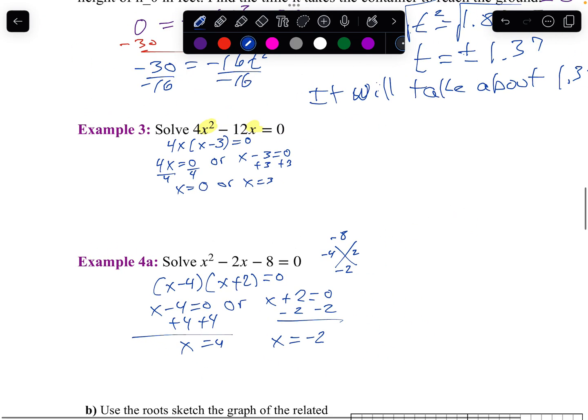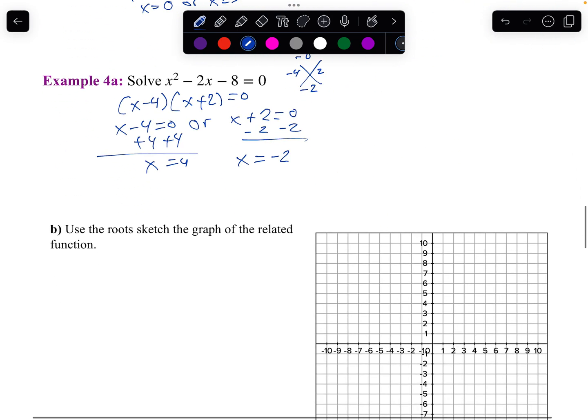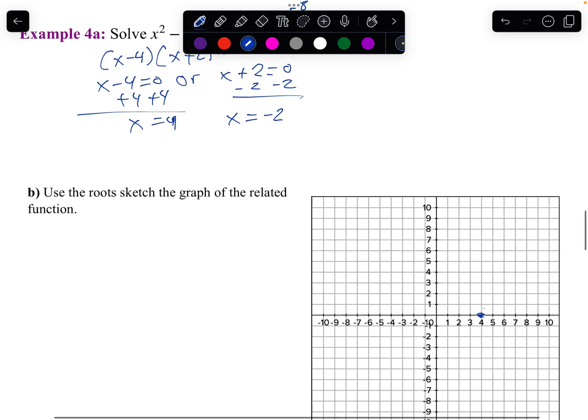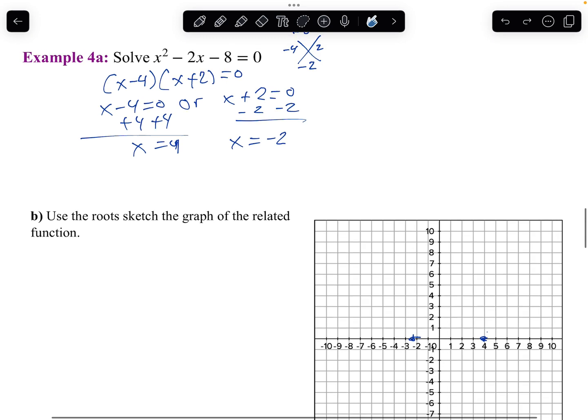Now on the second part, we're going to use what we just learned to graph this quadratic. So I know I have two x-intercepts. One at positive 4. The other is at negative 2. And I know my parabola is a happy parabola because it's opening up. But how do I find where my vertex is?